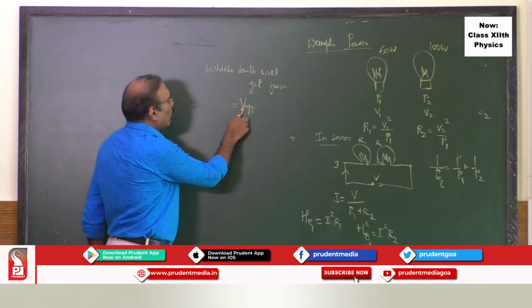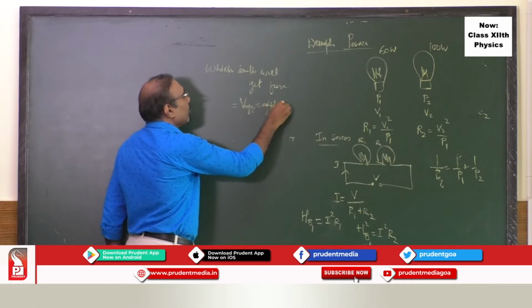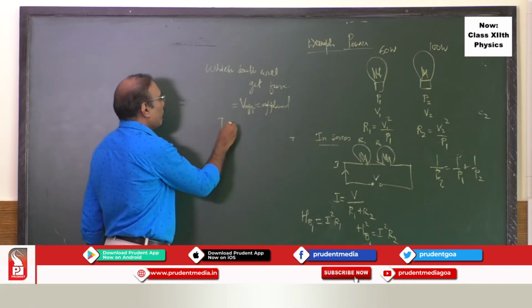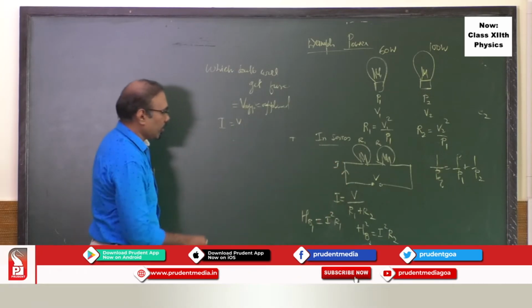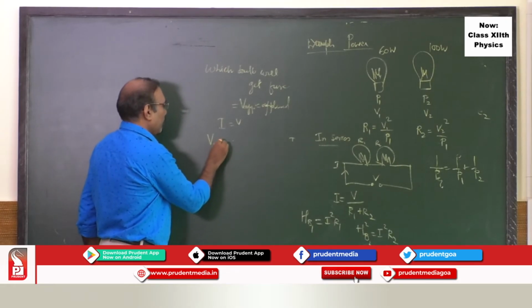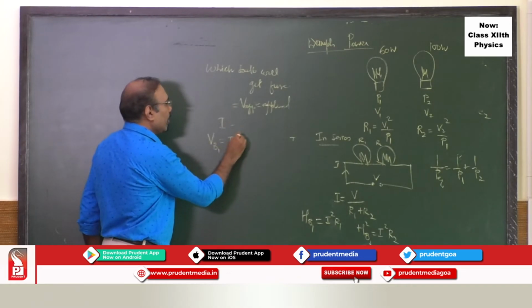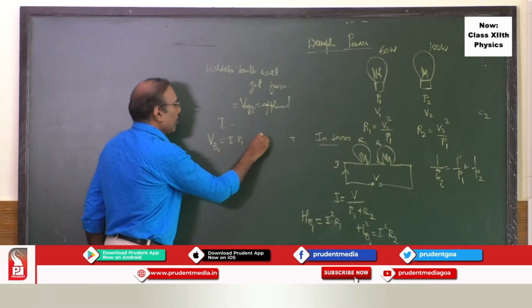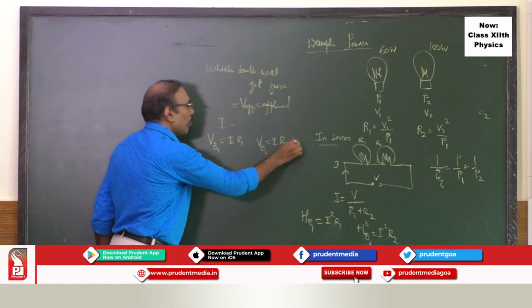So, this is the applied voltage. You find out the current, okay, and find the potential difference across bulb 1. So, I into whatever resistance bulb 1 has. Potential drop across bulb 2, current into resistance of bulb 2.